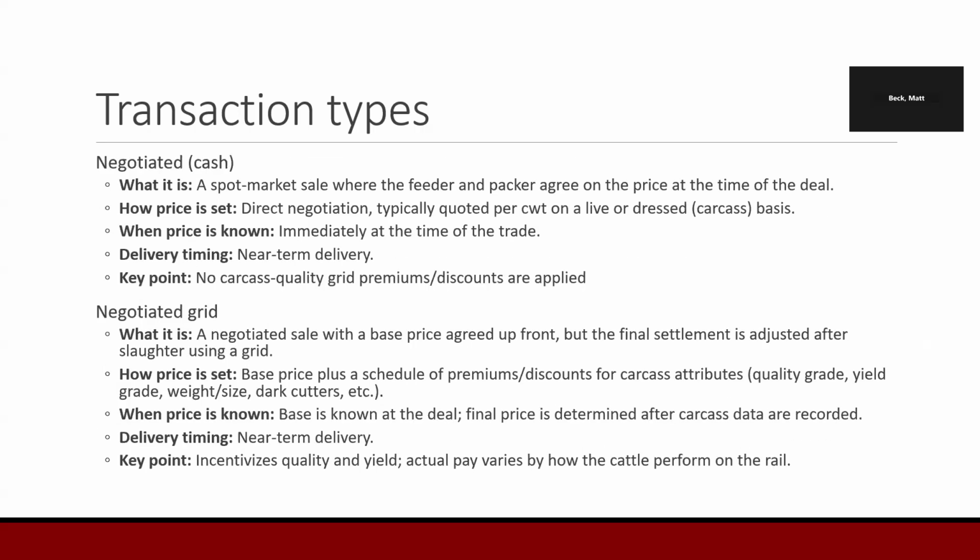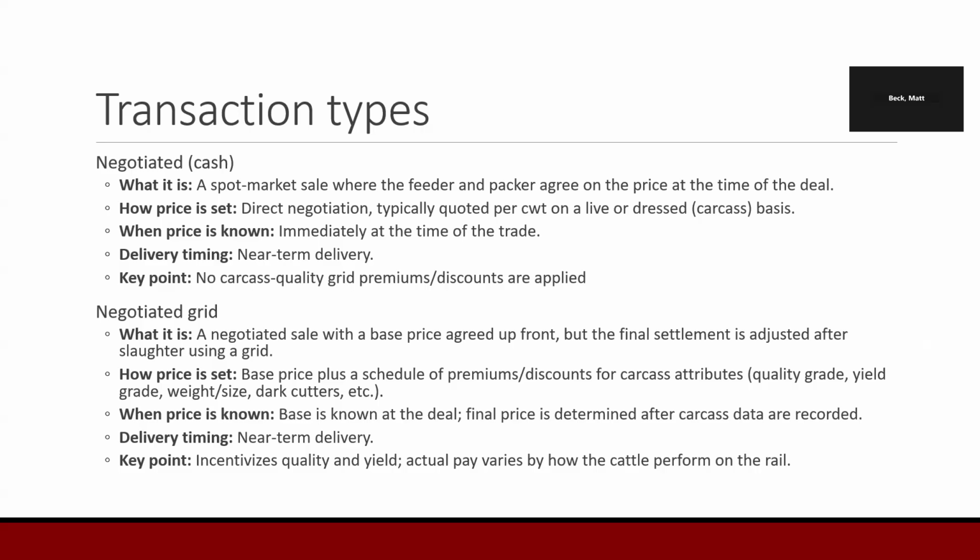So these are just kind of breaking down some more examples. Negotiated. So think of the cash market. So spot market sale, feeder and packer agree on the price at the time of the deal. You may have a cattle buyer come out from Tyson. They'll look at your cattle. They'll say, we'll take them, but we need 30 days.